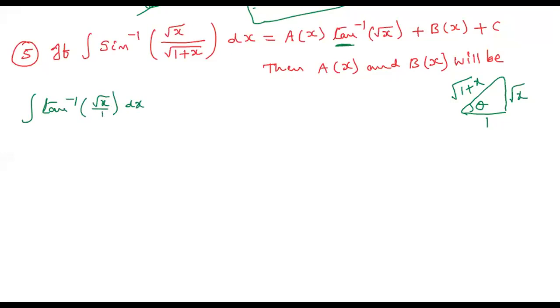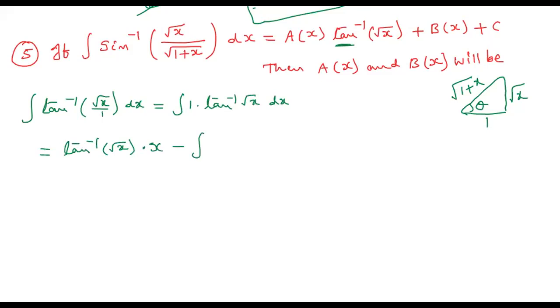So use the ILATE formula. So integration of 1 into tan inverse root x dx. Here tan inverse root x is the first function, 1 is the second function. Apply the formula. Tan inverse root x, minus, integration 1 dx, that is x, minus integration of the derivative of tan inverse root x.